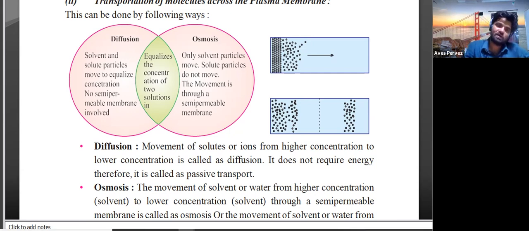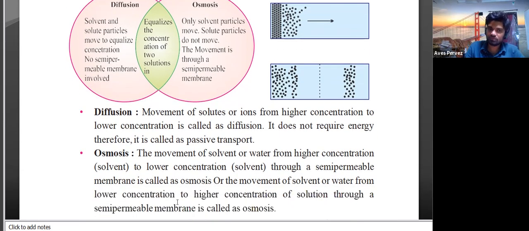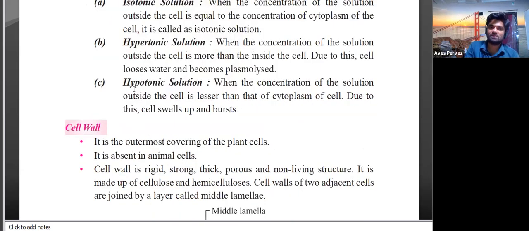Water, minerals and gases enter and leave the cells by diffusion and osmosis, and through osmosis water and minerals are transported inside and outside the cells.